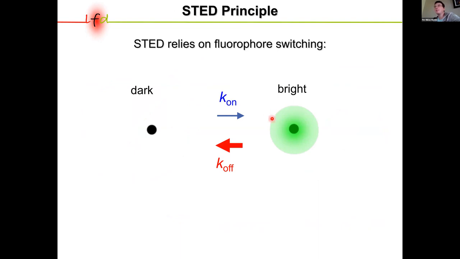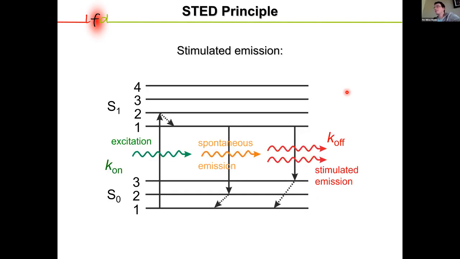There are several approaches. One of them is stimulated emission depletion, which relies on optically switching the fluorophores between a dark state and a bright state. How this is switched is by the principle of stimulated emission.